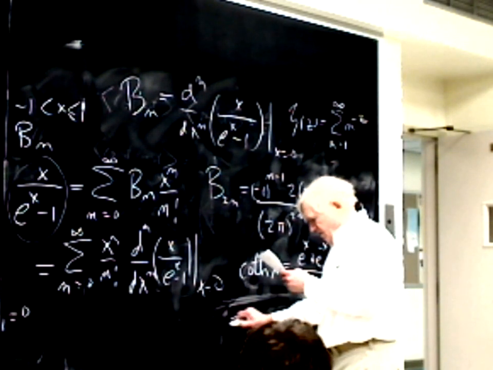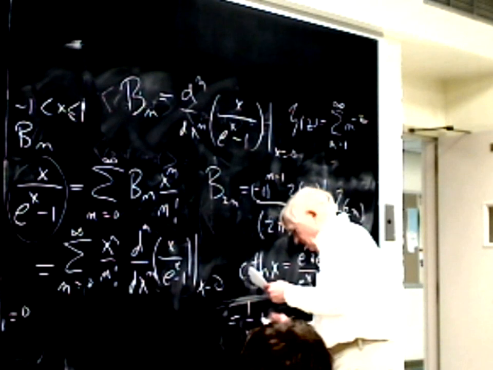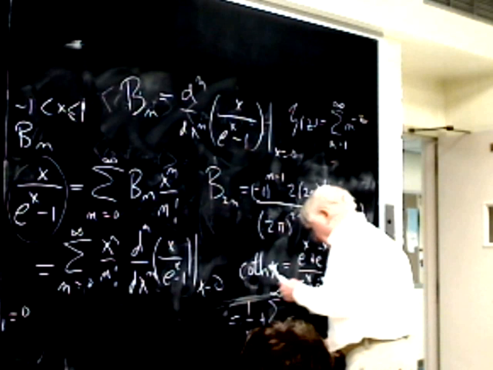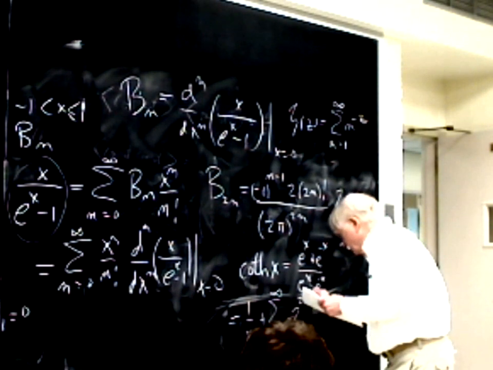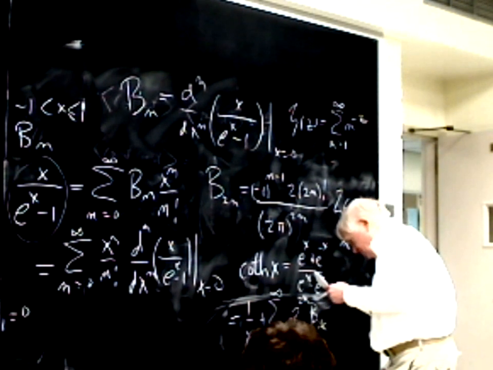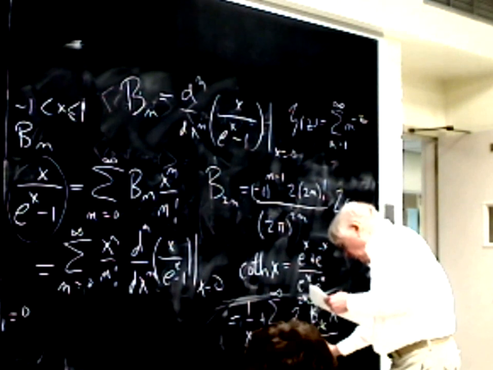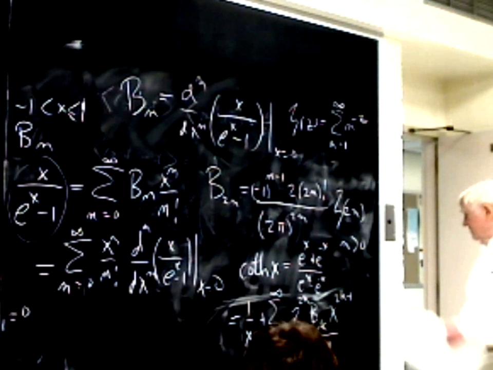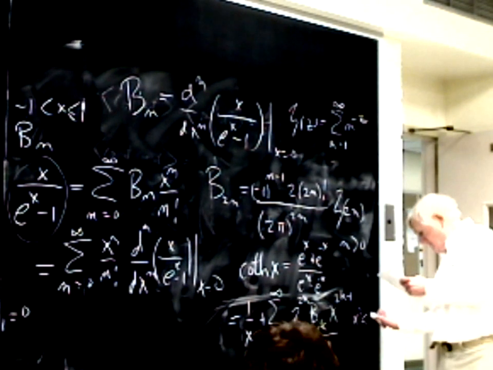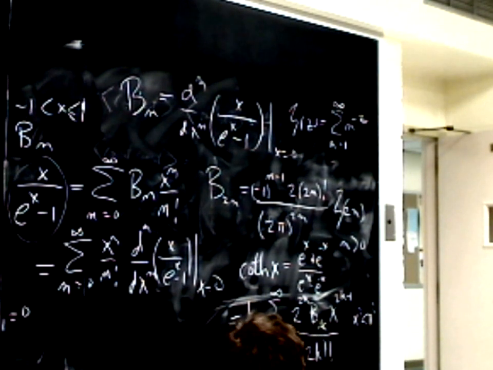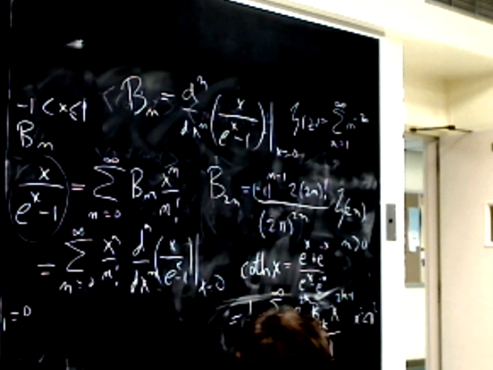This then turns out to be 1 over x plus a sum k equals 1 to infinity 2 to the 2k B sub 2k x to the 2k minus 1 over 2k factorial. And this works as long as x squared is less than pi squared. So that's an example of an application of these.